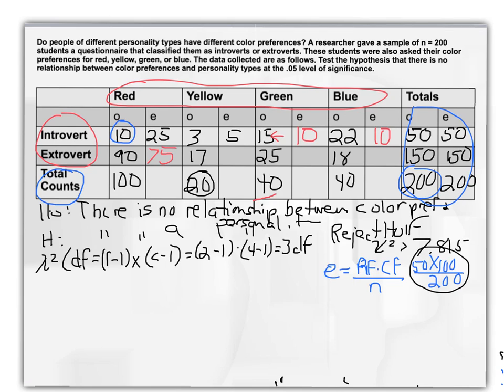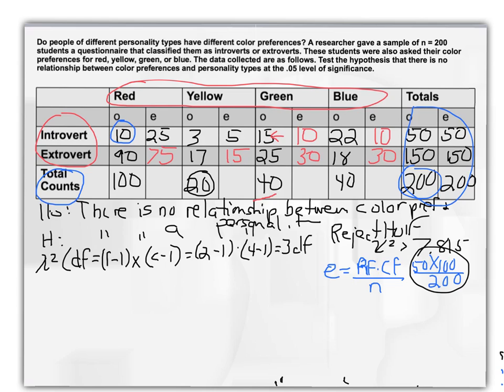For yellow, I'm going to multiply 150 times 20, divide by 200. I will get an expected frequency of 15. I'll do the same for green and blue, and I get expected frequencies of 30 and 30. If I add 75 plus 15 plus 30 plus 30, I get 150. So I have equal observed and expected frequencies.